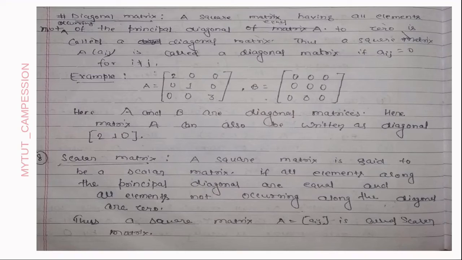If we specialize this condition so that the elements of the principal diagonal are equal, then we can say that this is a scalar matrix.